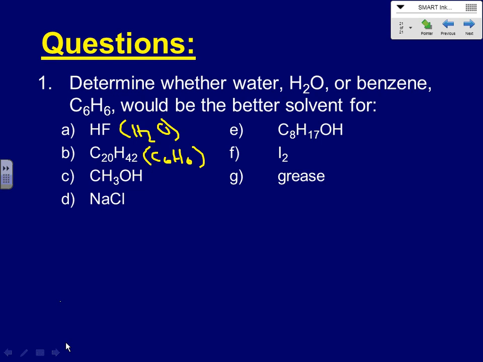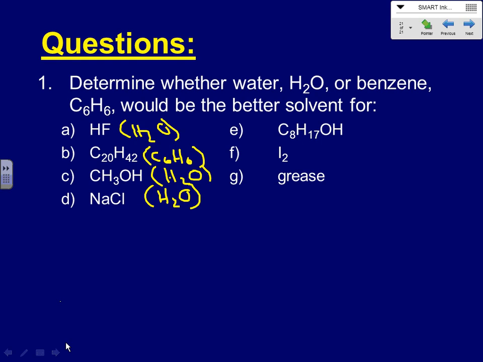Yeah, it's polar. It's only got one C, which is the nonpolar part, but it's got the OH on it, which is a polar region. This is going to dissolve better in water, H2O. NaCl, what's it going to dissolve in? Yeah, it's going to dissolve in water. It's ionic. So it's super polar, essentially, H2O.